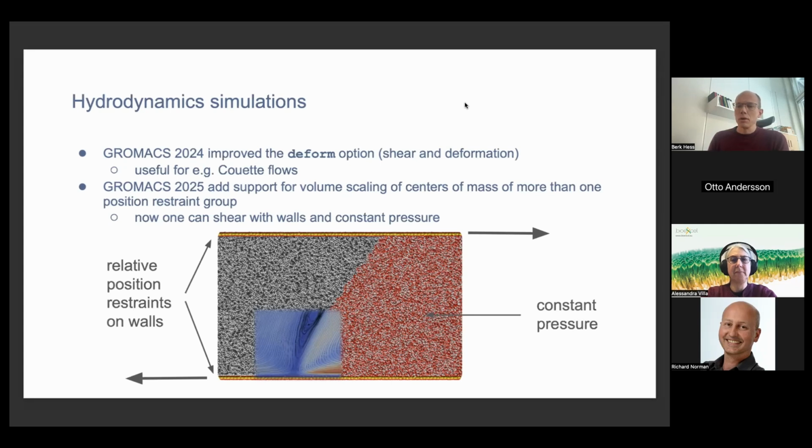So this enables much easier setup and runs of deformations of liquids within walls with a constant pressure, which is usually what you want. So this makes GROMACS a bit more versatile for hydrodynamics type simulations, maybe also some types of biomolecular simulations where you're interested in cell walls and such. This goes automatically if you define different groups here, but more about that is in the documentation.